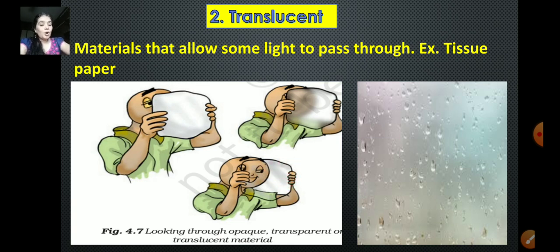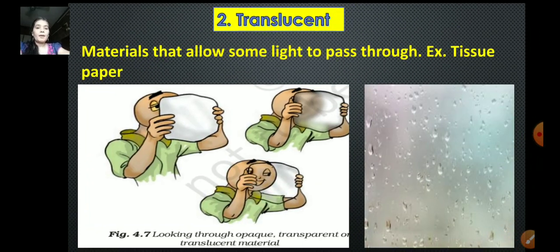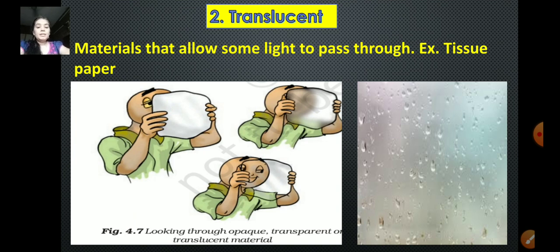Perhaps not, because these are materials through which the objects can be seen but not clearly. So it is called translucent.